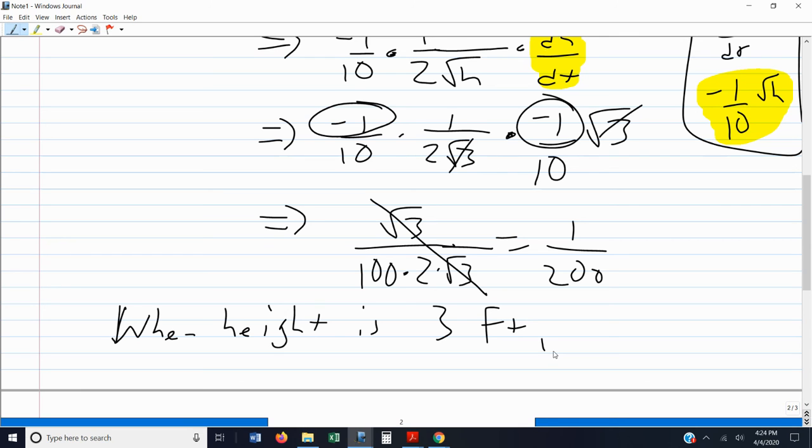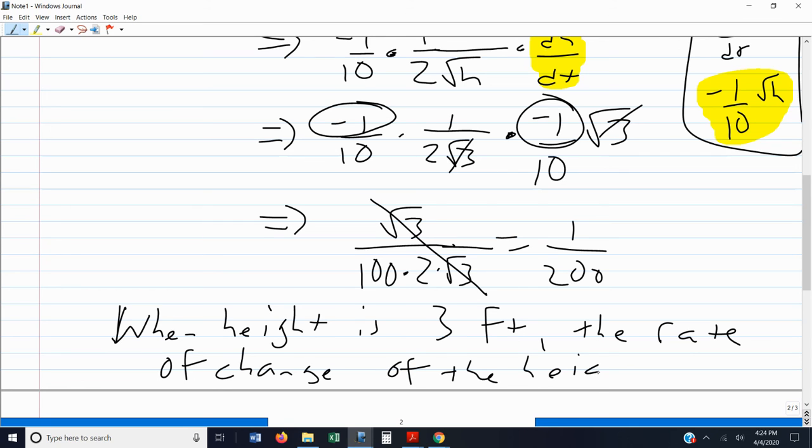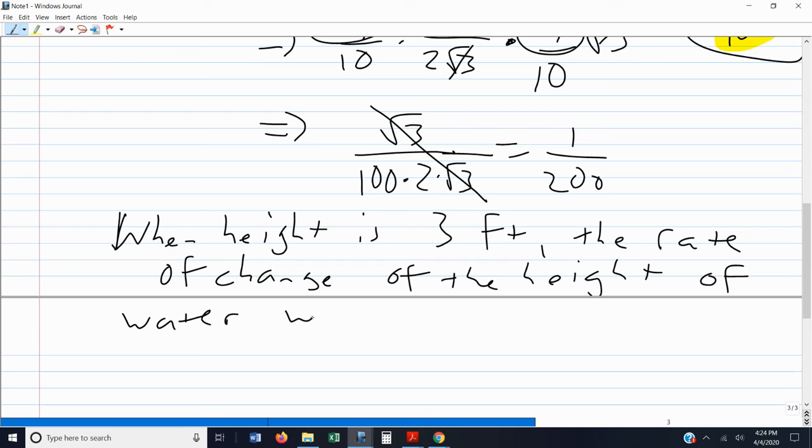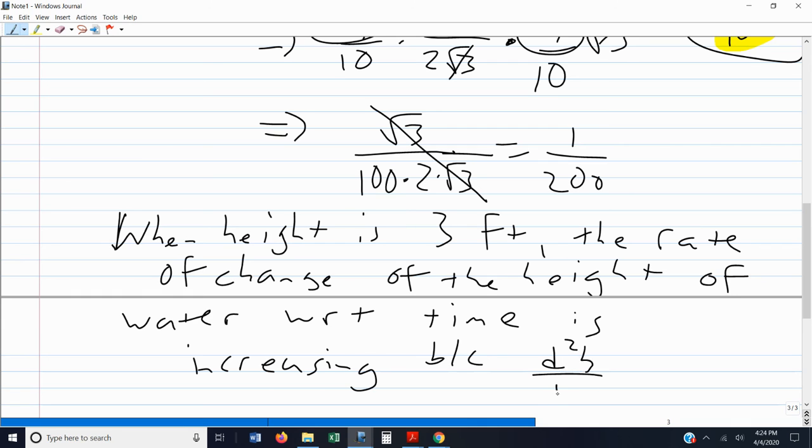When the height is 3 feet, the rate of change of the height of the water with respect to time is increasing. And then your justification is that the second derivative is greater than 0, or you can write is positive.